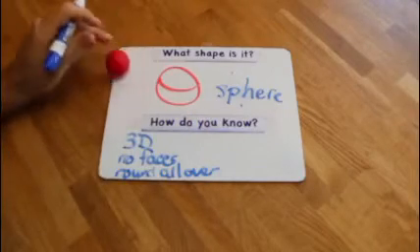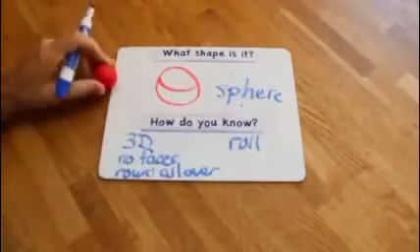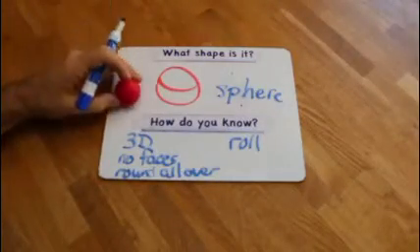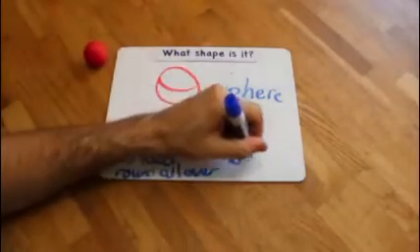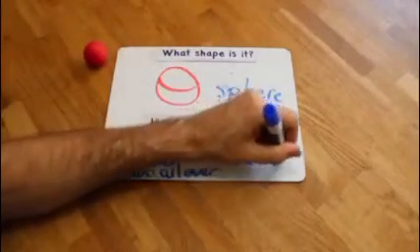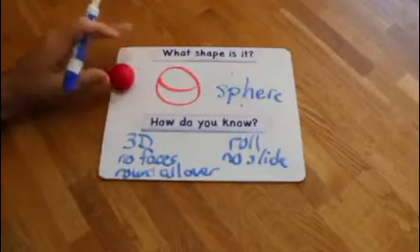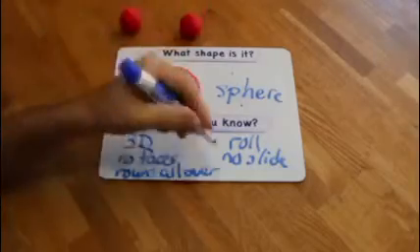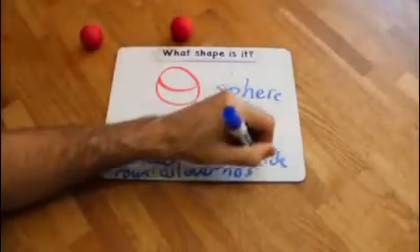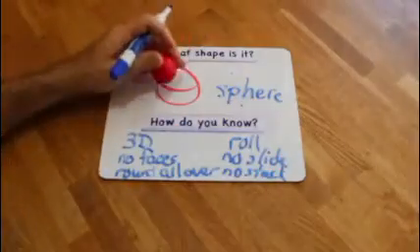Well, since it's round, it can roll. But since it doesn't have a flat face, it can't slide. So no slide. And it needs two faces opposite each other to be able to stack. So we can't stack them, so no stack. That's what makes these spheres. Good.